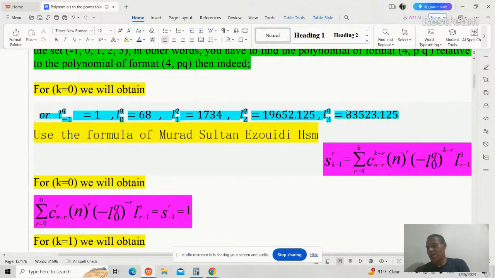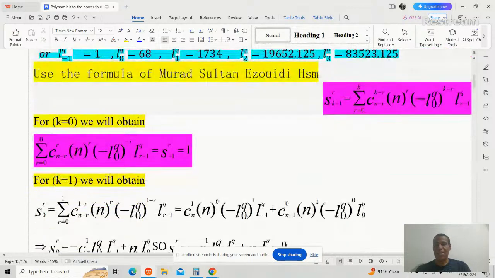Okay. Therefore, we said that by convention, we can say that S minus 1 of order r is always equal to 1. Now, I'm looking for S0, learners.